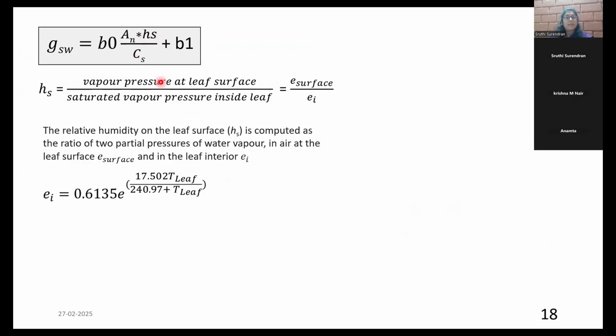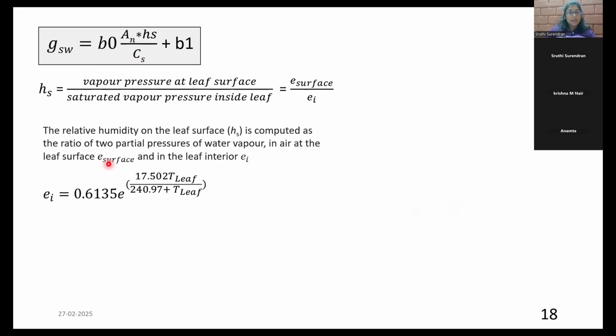HS is nothing but the vapor pressure at the leaf surface relative to the saturated vapor pressure inside the leaf. Now, one change from what we learned in the last class is that this humidity is represented as the ratio of the partial pressures of water vapor on the surface of the leaf and in the interior of the leaf, not the mole fraction. So if we want to know the HS value, we should get the partial pressure of water vapor in air and the partial pressure of vapor inside the leaf.